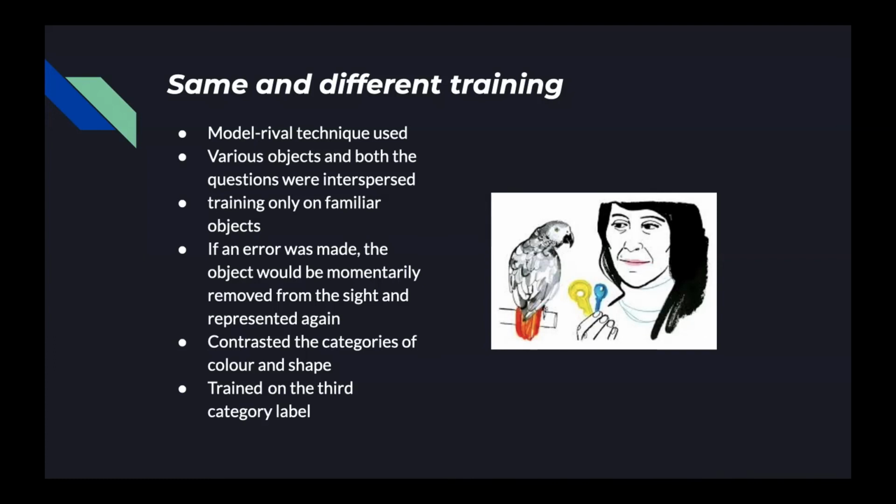So the initial training was only limited to color and shape, where he could only reply with the category of the color or the shape itself. And yeah, he was later trained on the third label, which was material. So that's how same and different training took place.